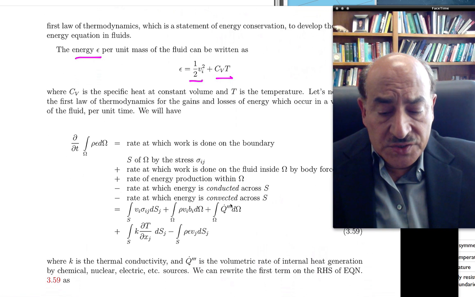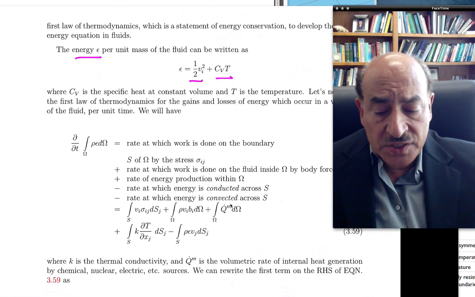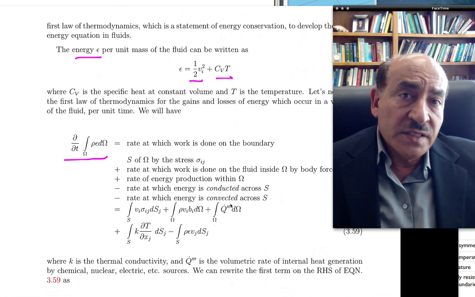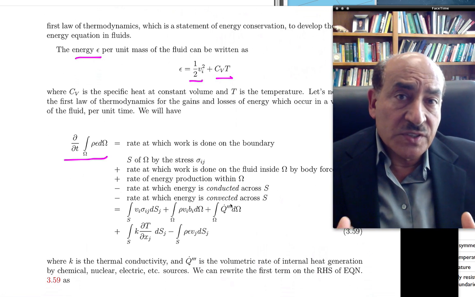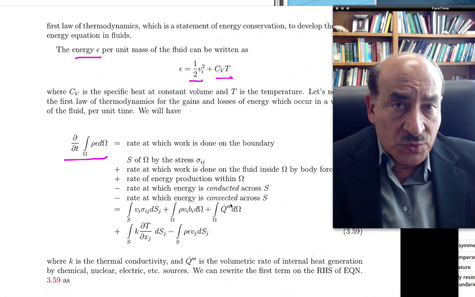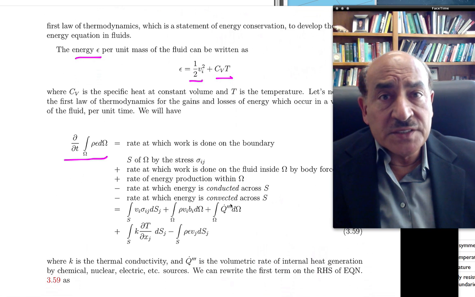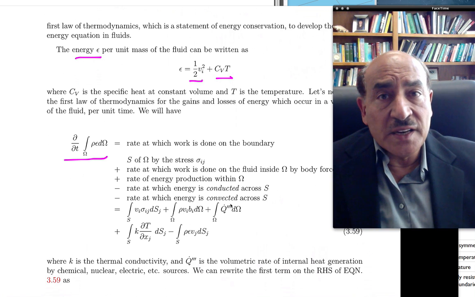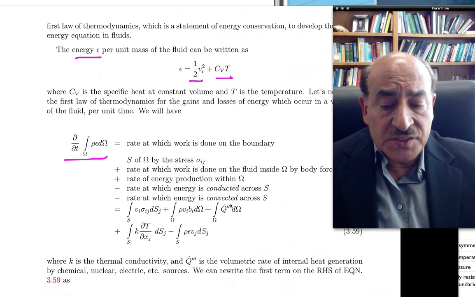The rate of change of this internal energy plus the kinetic. We added the kinetic to expand the first law. Remember, the first law says the internal energy change is the sum of all of the heat you put in and all of the work you do. Now if you have a moving system, then you would have to include the kinetic energy with the internal energy, and therefore you will have the rate of change of that energy.